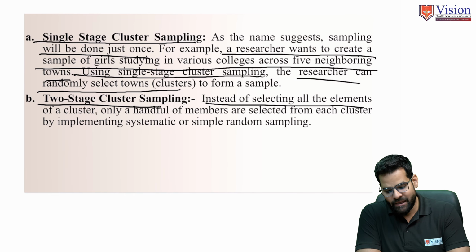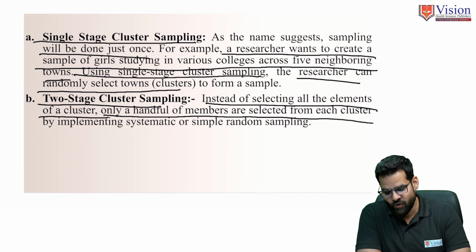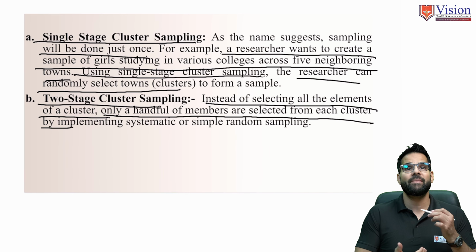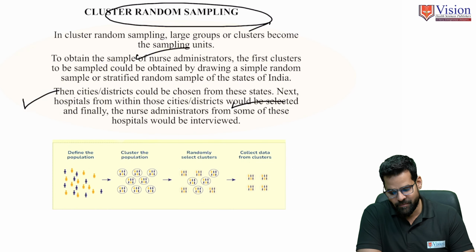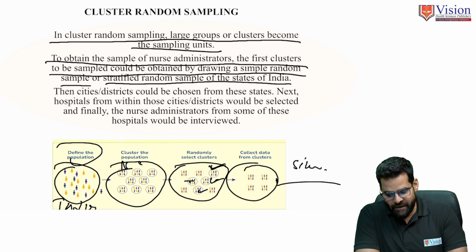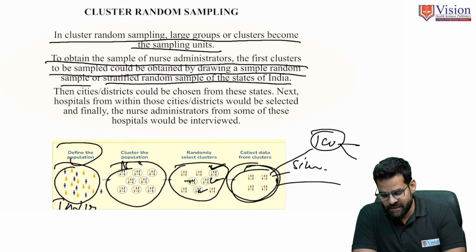Instead of selecting all the elements of a cluster, only a handful of members are selected from each cluster by implementing a systematic or random method. Let's see the example. Suppose I have taken these 4 clusters, and each cluster has, let's say, 100 nurse administrators. Now, these 100 administrators again can be clustered as private hospitals or government hospitals.